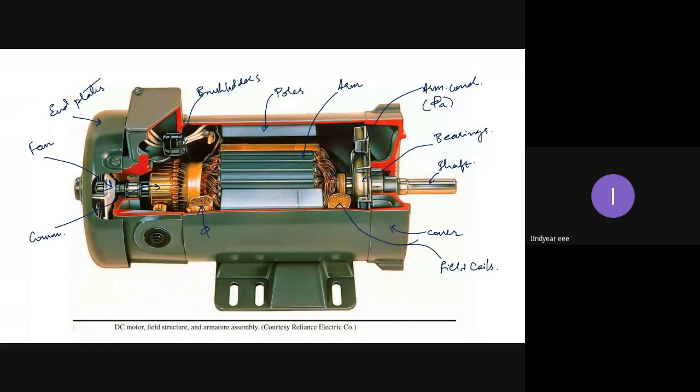And these stray losses are not individually measurable losses. That is the biggest difficulty of stray loss, because we don't know in which parts the losses exist.